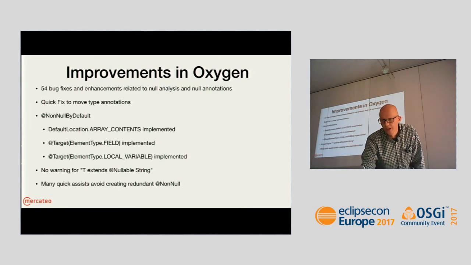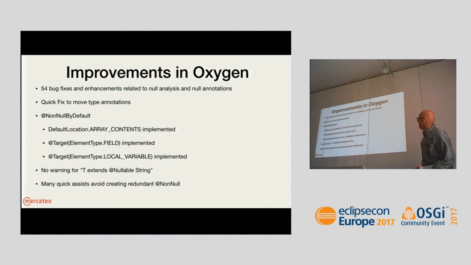Actually, I'm coming to the end. The list of improvements in Oxygen, if you looked at the new and noteworthy, was quite short. The only thing actually mentioned was a quick fix for when you put the annotation in the wrong place.